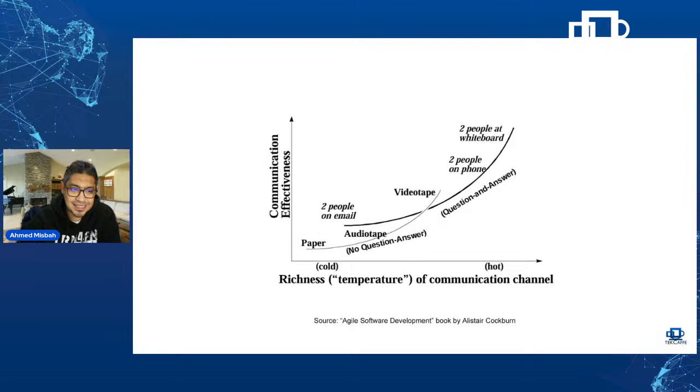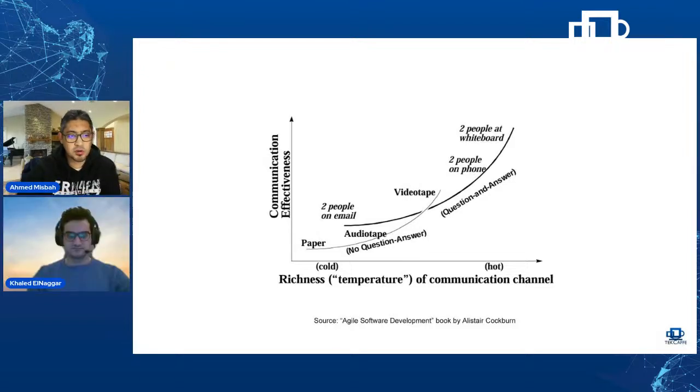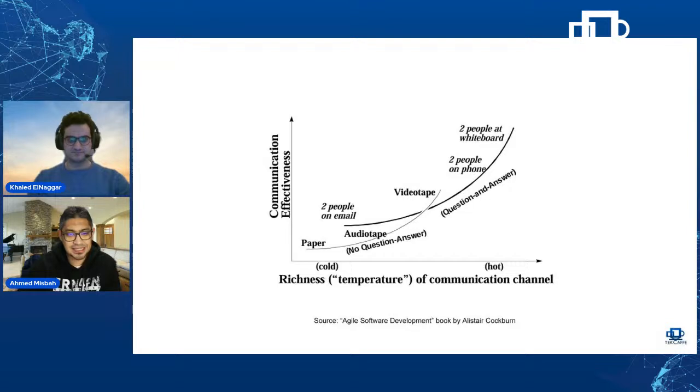We can see that the warmer the communication is, the better the communication effectiveness. So we want the three amigos or the Gherkin gang to be able to communicate and collaborate over a user-friendly tool that is going to encourage them to have effective communication.